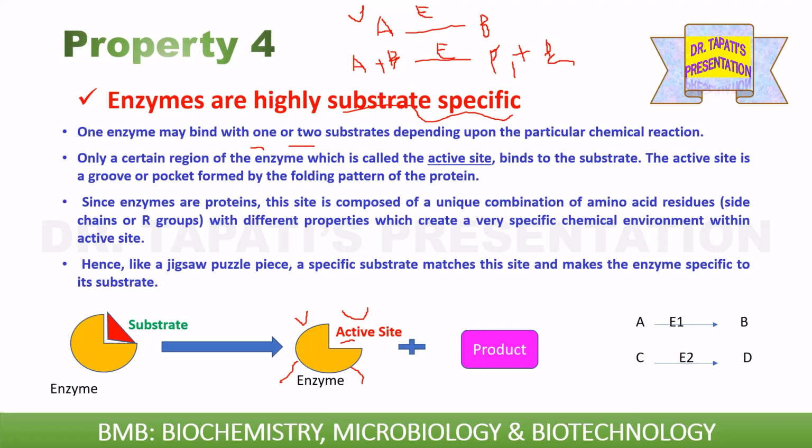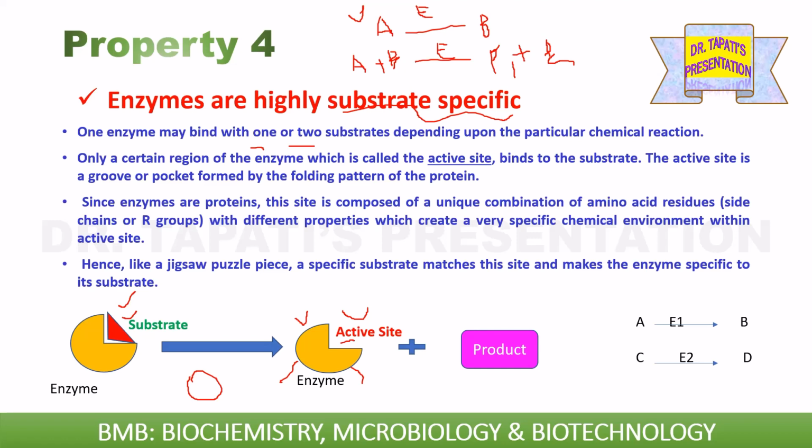Therefore, like a jigsaw puzzle, or like a lock and key, a specific substrate matches this site and makes the enzyme specific to this substrate only. If the structure of the substrate is like this, the substrate can't bind at the active site of this enzyme.